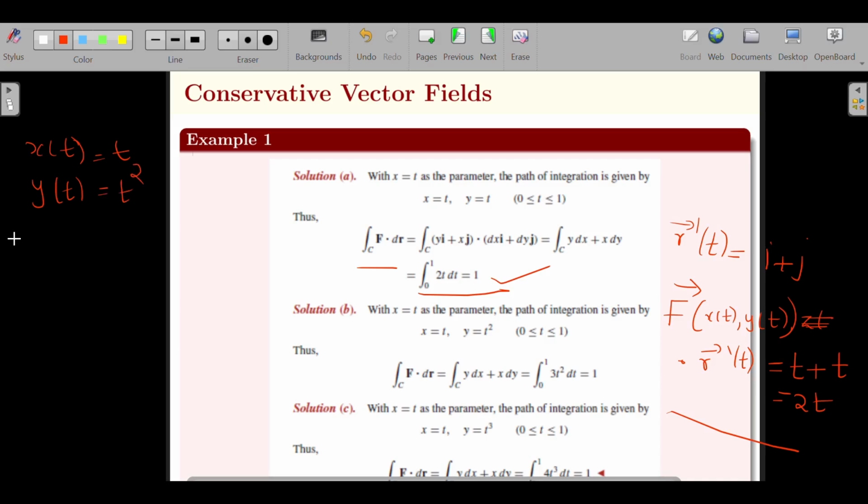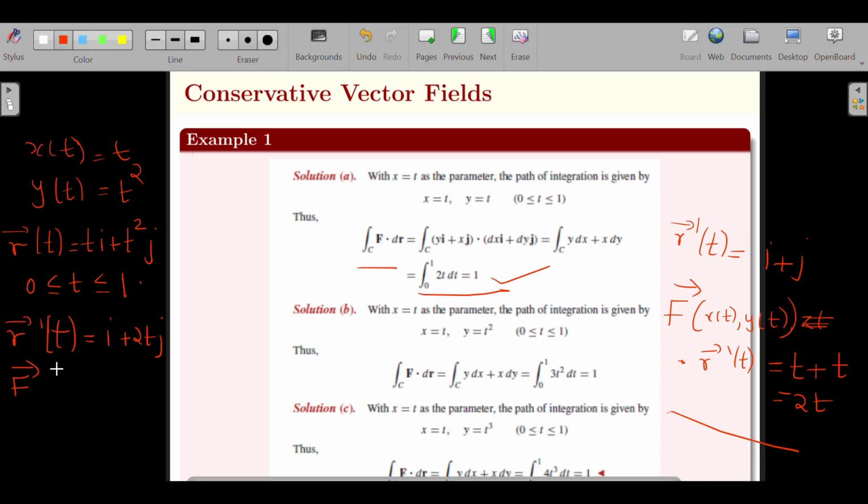So the parametric equation r of t will be r of t is equal to ti plus t square j, where t varies from 0 to 1, that is, 0 ≤ t ≤ 1. Now we have to compute r dash of t. r dash of t is equal to i plus 2t j.